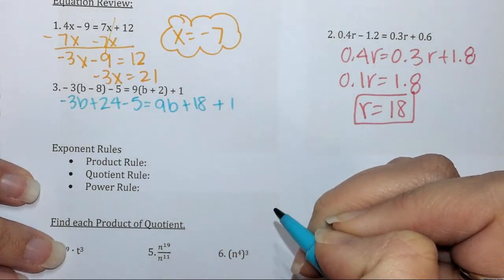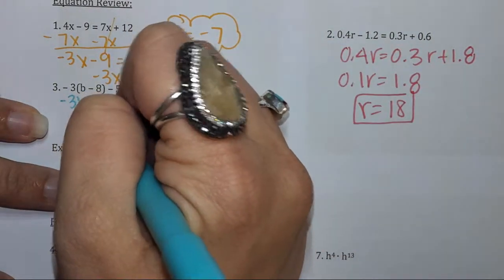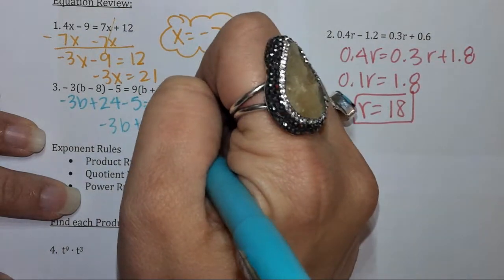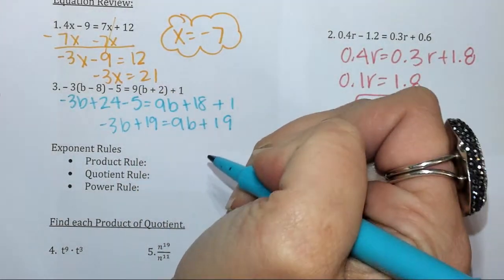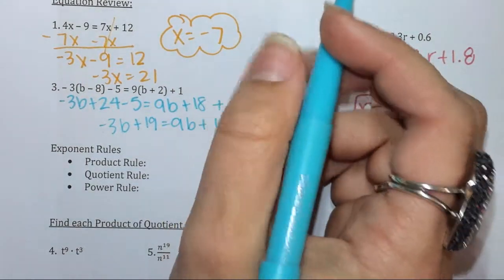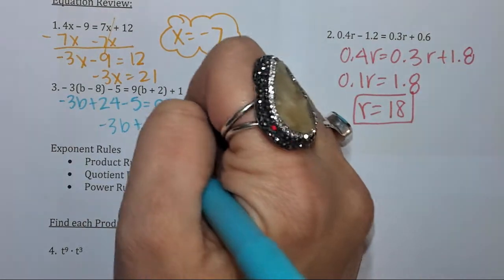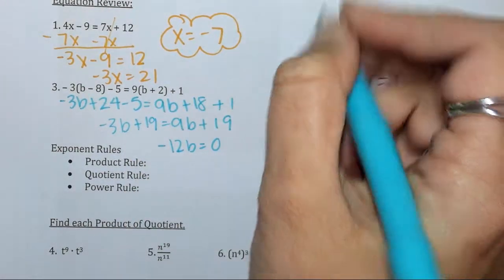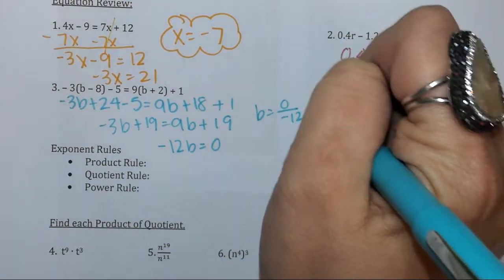Then you do 24 minus 5 and you get 19. And then you're going to subtract 19 from both sides and 9b. So then you get negative 12b equals 0. And then you divide by negative 12, which is 0.